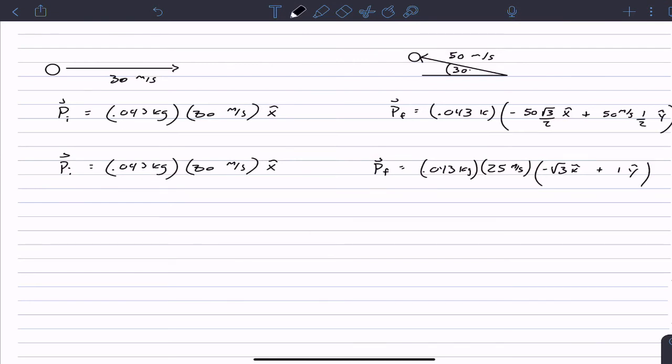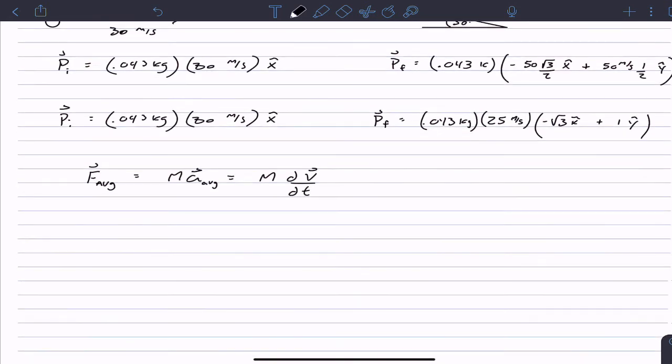Okay, cool. So now let's think about this. Let's say we want the average force vector. Well, what is a force? A force is a mass times acceleration vector, right? That's going to be, we'll call this average, a mass times the change in velocity vector with respect to time, right? We'll call that average as well.